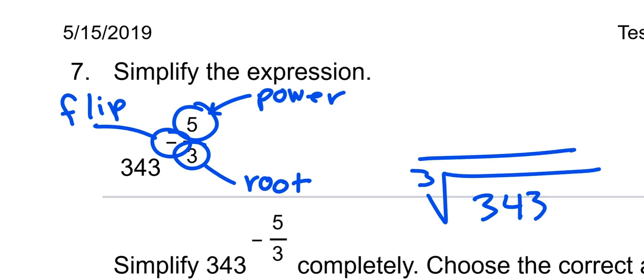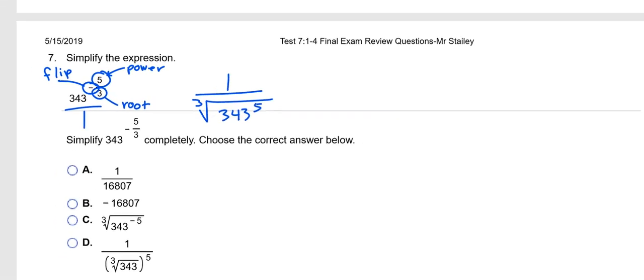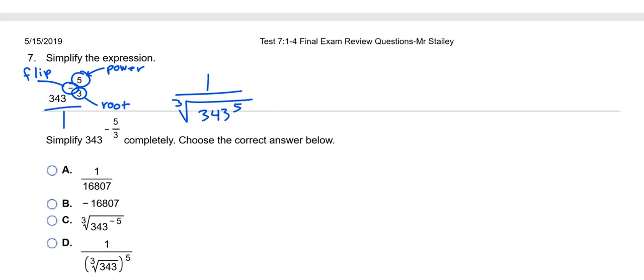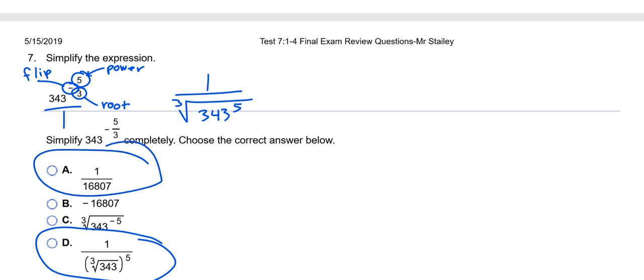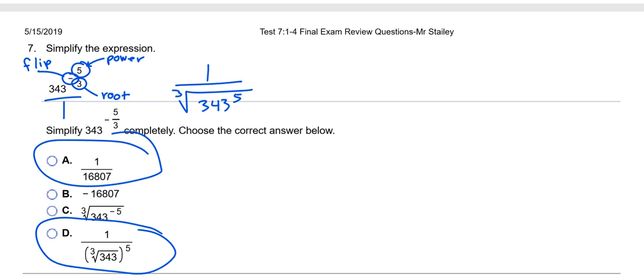All right, what else? Power of 5. If this is all over 1, when you flip it, it becomes under 1, right? Which answer choice is it? D is one of the 2 acceptable answers. There is another. Which one? A is also acceptable. So I'll give two answers on that one.